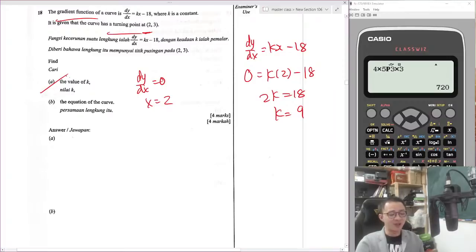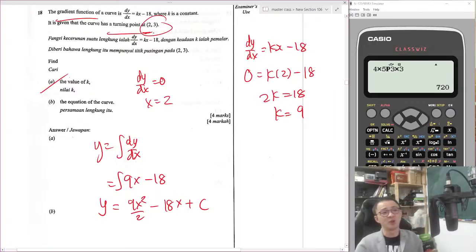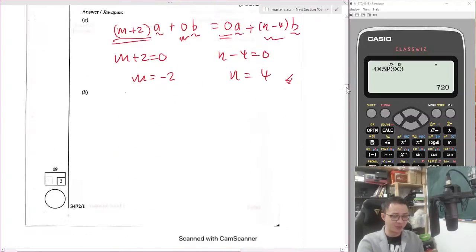Then they ask us to find the equation of the curve. In the whole SPM syllabus there is only one method to find the equation of the curve, which is to integrate dy/dx. So I integrate 9x minus 18 and I will have 9x squared over 2 minus 18x plus c. To find c, I plug in the coordinate (2, 3): 3 into the y, 2 into the x.